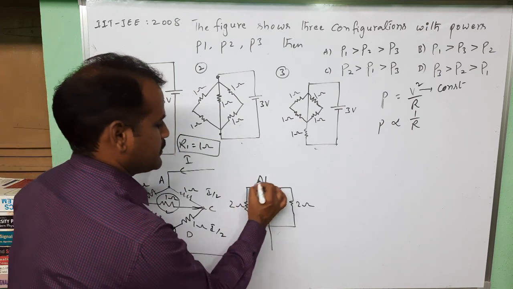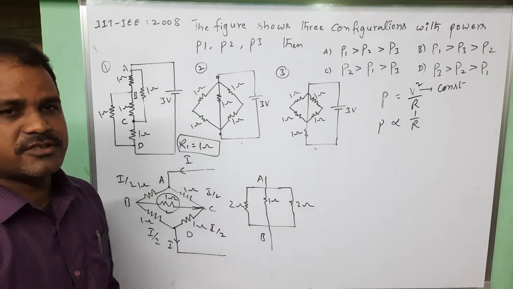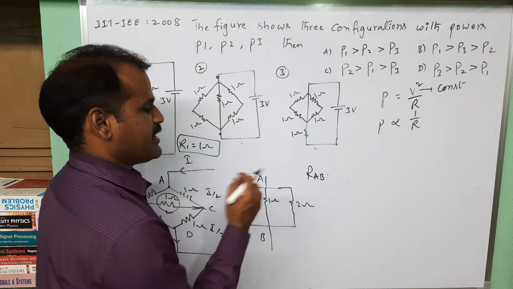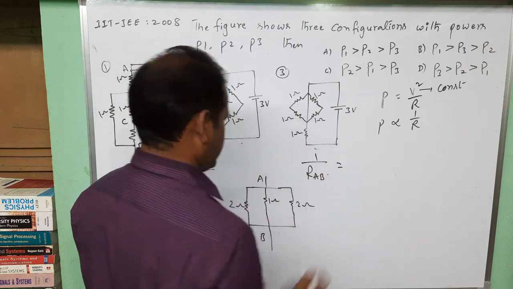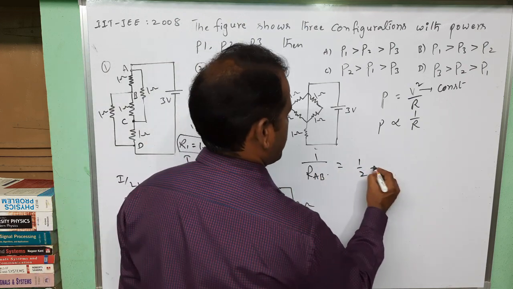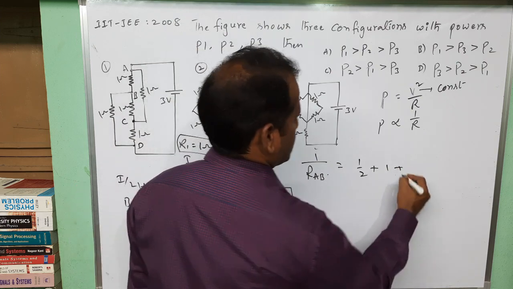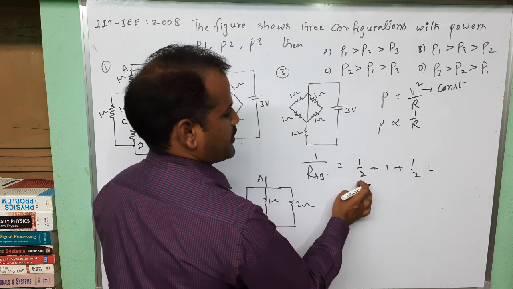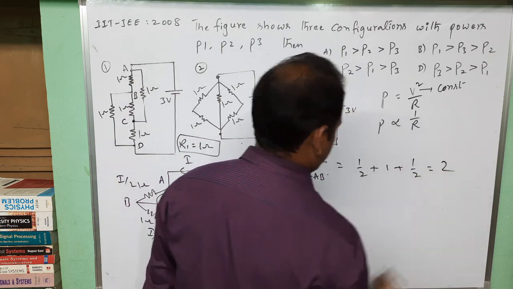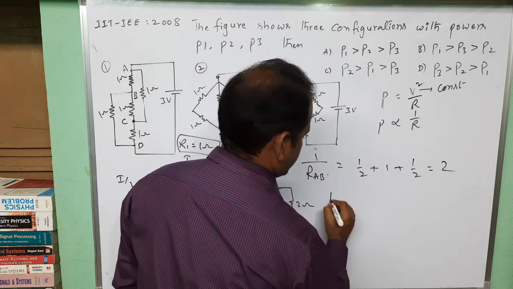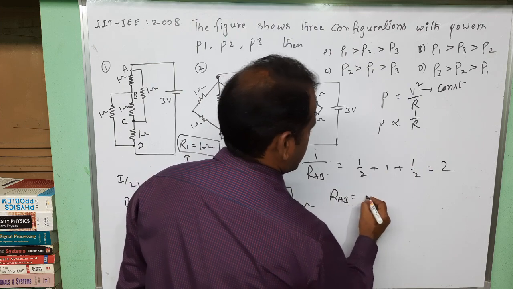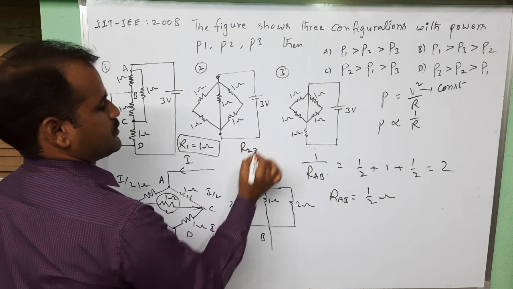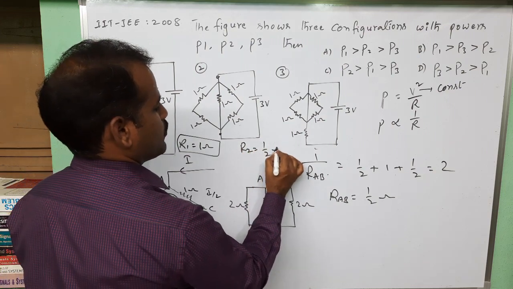We need to find the equivalent resistance RAB. For three in parallel, 1 by RAB is equal to 1 by 2 plus 1 plus 1 by 2, that is totally 2. So 1 by RAB is 2, meaning RAB is 1 by 2 ohm. The resistance for the second configuration is 1 by 2 ohm.